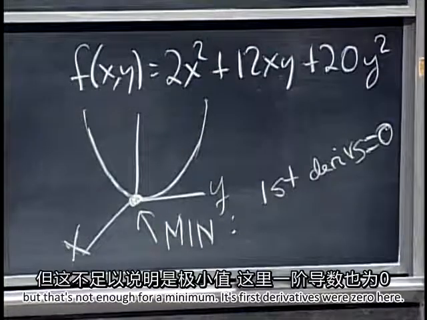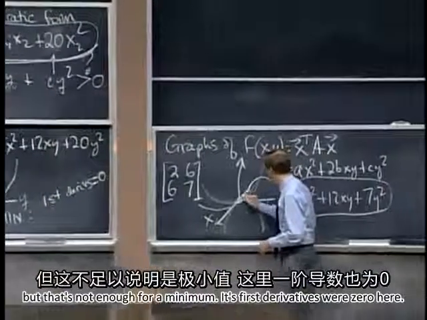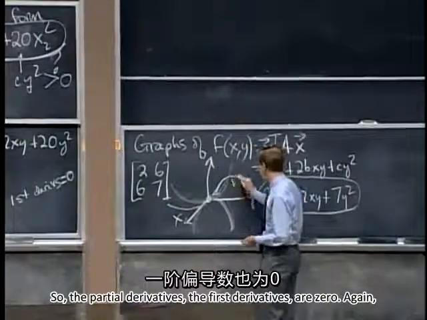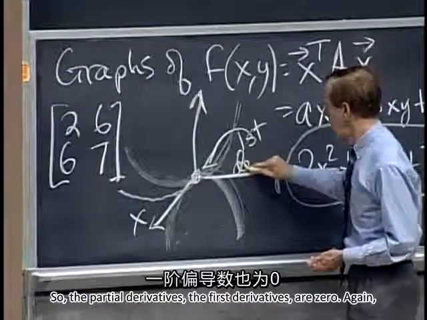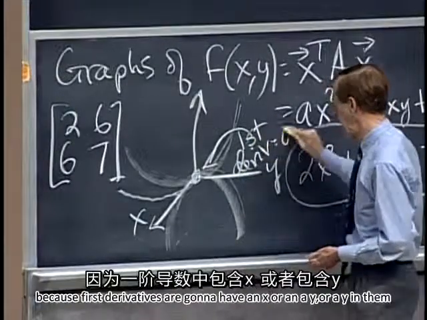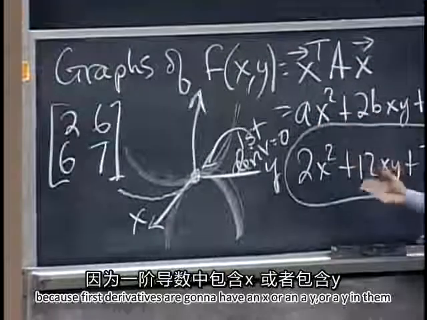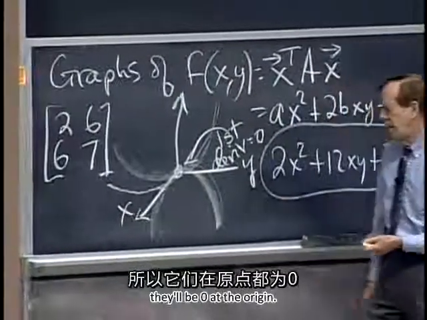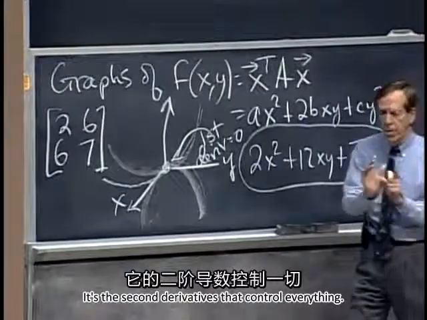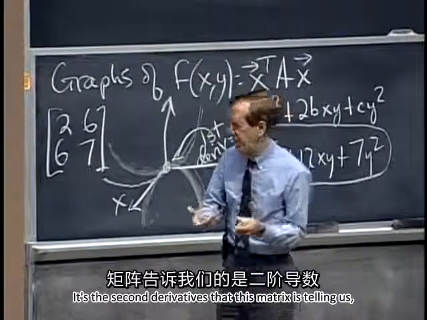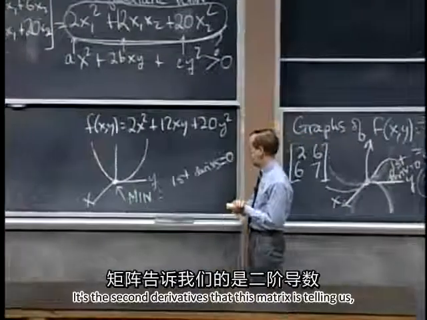First derivatives are 0 here. Again, because first derivatives are going to have an x or a y in them, they'll be 0 at the origin. It's the second derivatives that control everything. It's the second derivatives that this matrix is telling us.